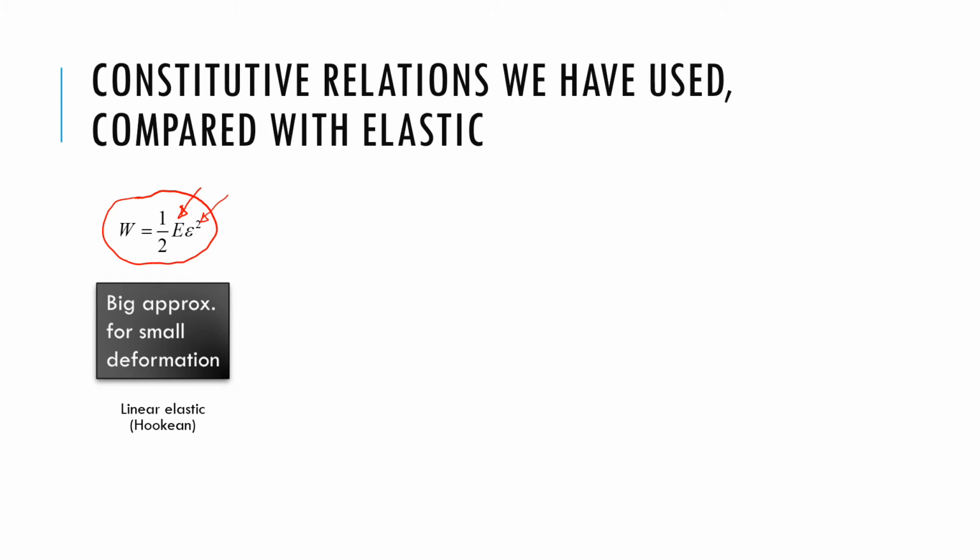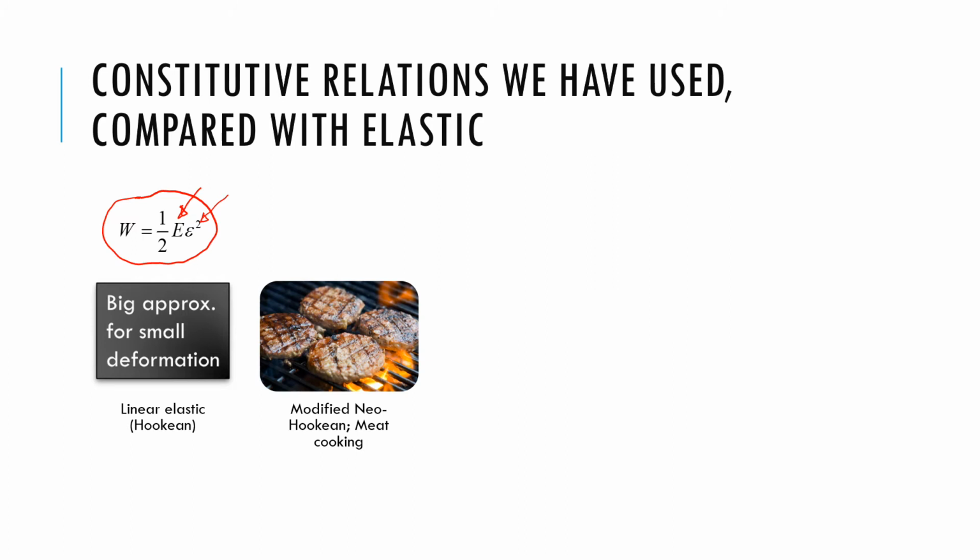Now as the materials get more complex, or the complexity in the material behavior increases, the number of material properties and the strain measures required to characterize the material also increases. And so here we have some more examples. Then we have this type of material, neo-Hookean, and that was used for meat cooking, and the strain energy function looks like this, that has additional material properties and strain measures.